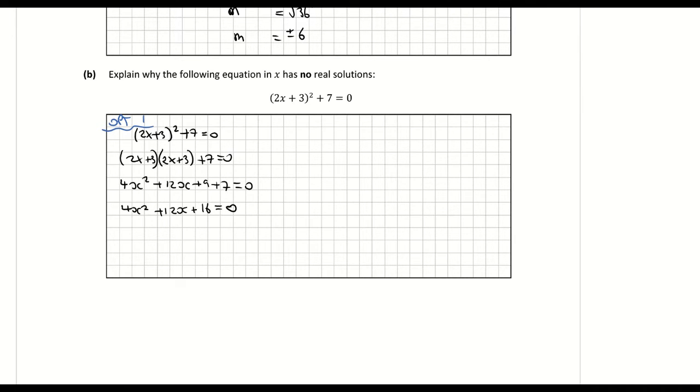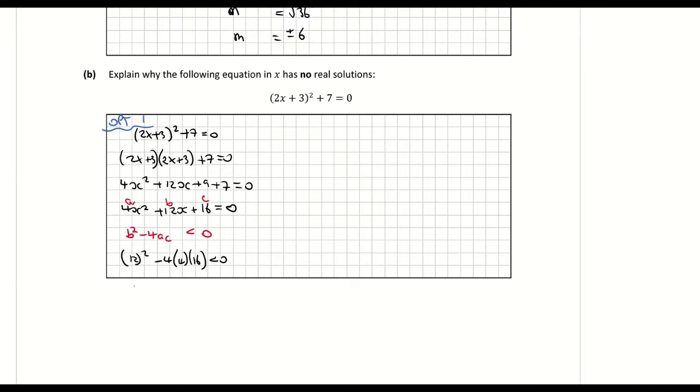And like in part A here, I could use my discriminant, so b squared minus 4ac, and it's no real solution, so I'm looking for less than 0 here. My a, the number in front of the x squared, my b, the number in front of the x, the c, the constant. So filling that in, I get 12 squared minus 4 times 4 times 16, and I'm showing that that's less than 0.